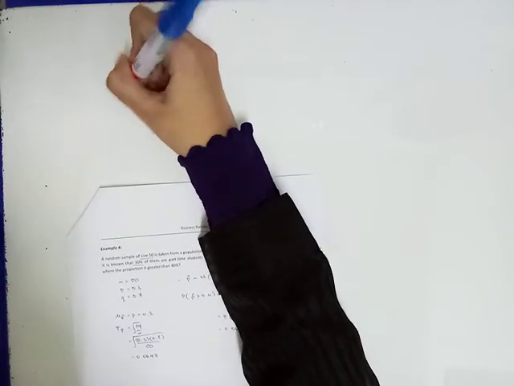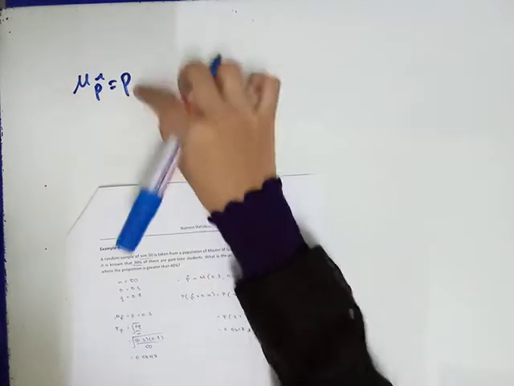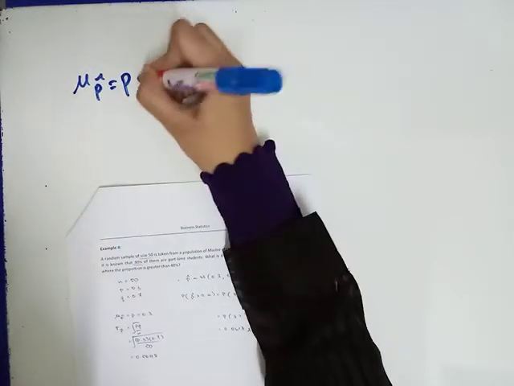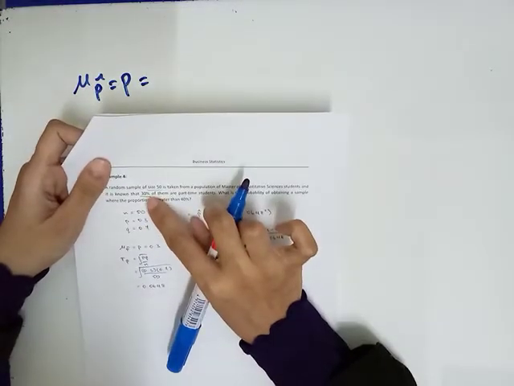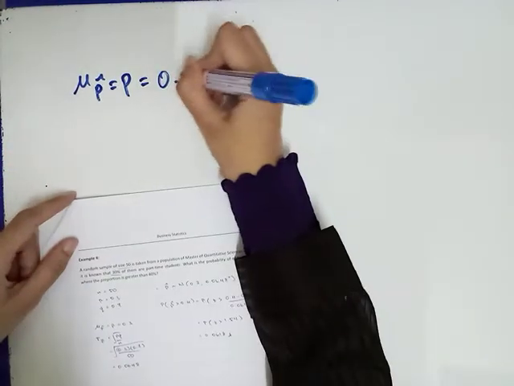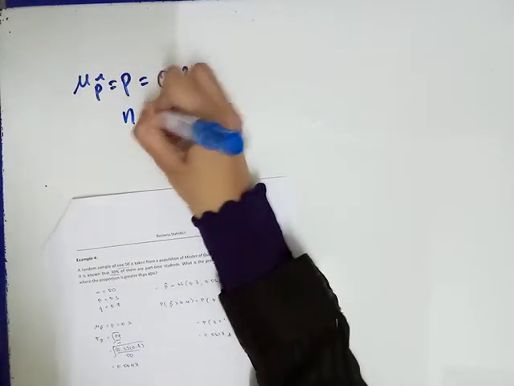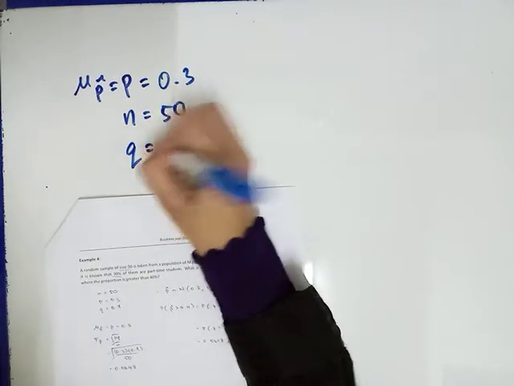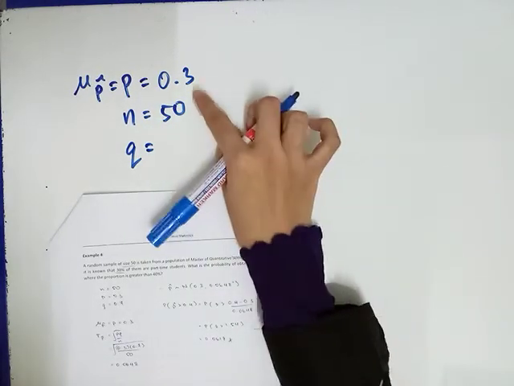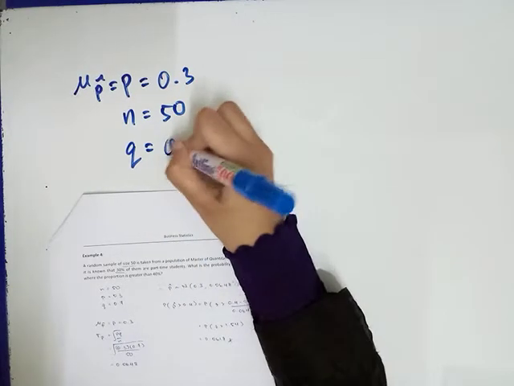P is the mean of the sample proportion. It is equal to the population proportion, which is 30% dibagi 100, that is P, which is 0.3. And then dibagi sample size, which is 50. And then what is Q? Q is 1 minus P. We know that P is 0.3, so 1 minus 0.3, you will get 0.7.